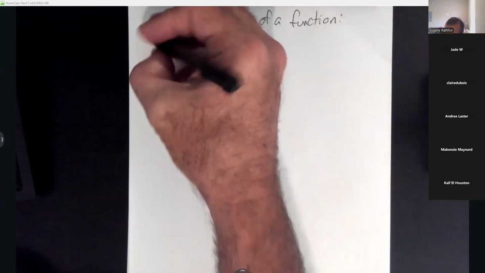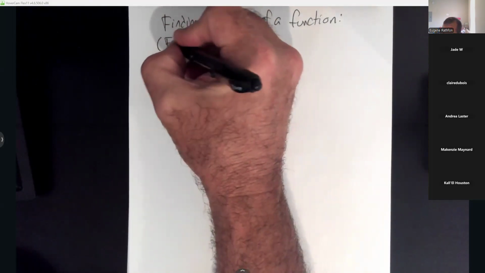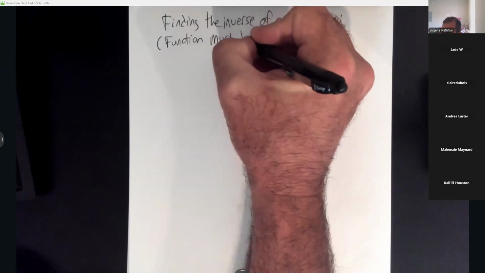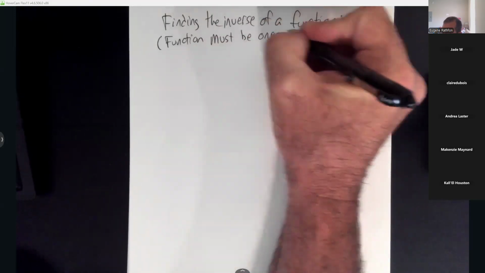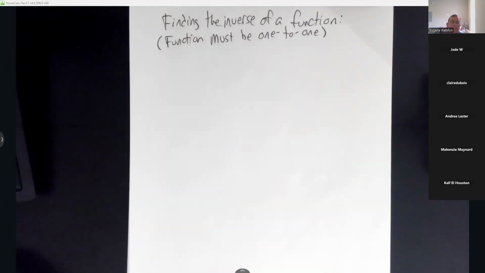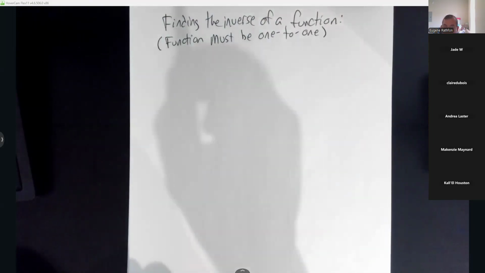The first thing, the function must be one-to-one. So you can look at a graph of it, graph that function real quick if you want to. And if it's one-to-one, you can find the inverse function, okay?